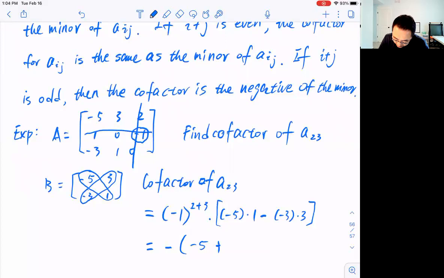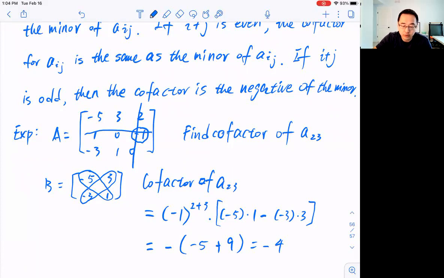So that becomes plus 9, which gives you the negative of 4, which is -4. So that is the cofactor of A23, which is the negative of the minor of A23.